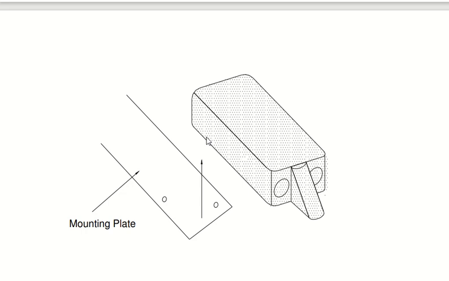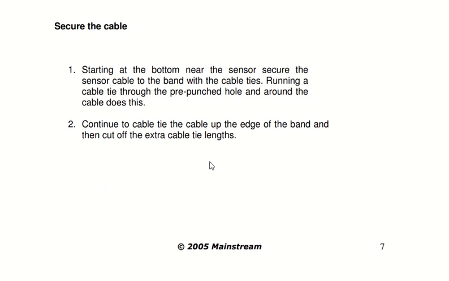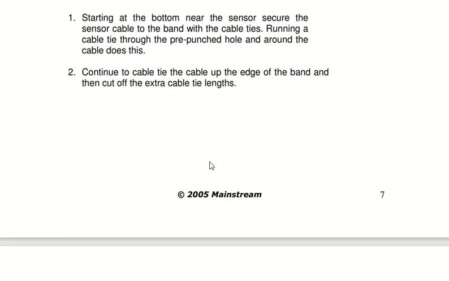First you place the sensor on the bottom of the band as the image shows, and then place the sensor over the two screw holes that you are seeing, line the insert up, and using two M3 screws secure the sensor to the band. Then you have to secure the cable.